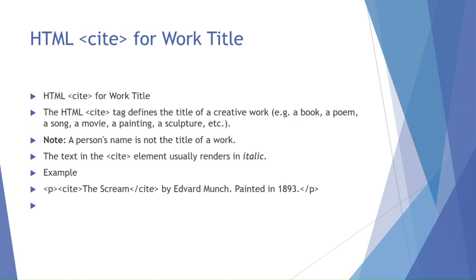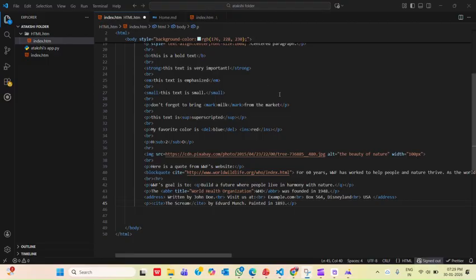The text in the cite element usually renders in italic. Example: The Scream, by Edvard Munch, painted in 1893. So let us check how it renders. Let us check it in our live server.